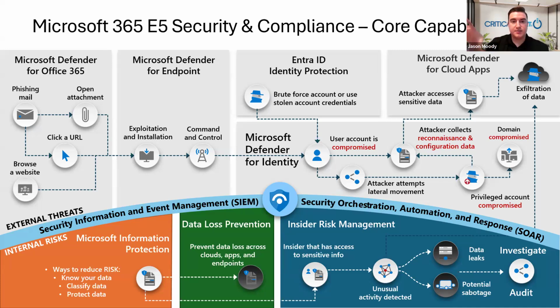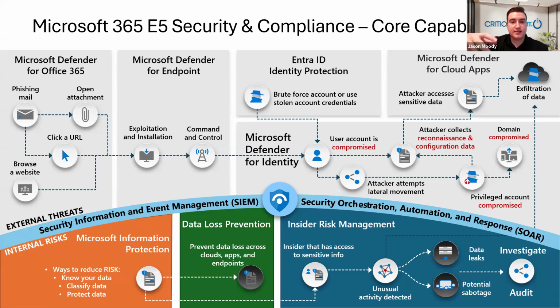So how does Defender protect against all of that? Defender for Office 365 is your email hygiene. That's your email protection. It essentially has anti-phishing, anti-spam, Safe Links, Safe Attachments, tons of really good things in there. Defender for Endpoint is obviously protecting our endpoints.